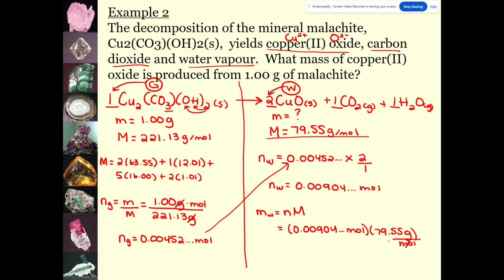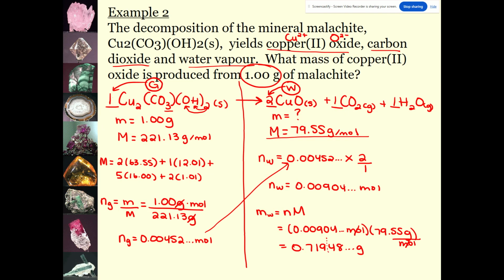So the moles cancel and we're left with grams. So that unrounded answer times 79.55 gives us an answer of 0.71948, so on, grams.